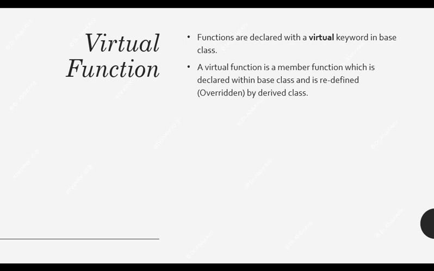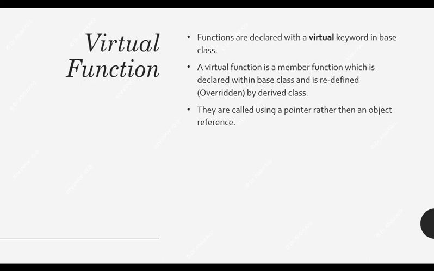You derive a new class, that is a derived class, and then you need to provide the definition. If you omit the definition from the derived class, the derived class will also become abstract. So it is mandatory for virtual functions that they must be overridden by the derived class.